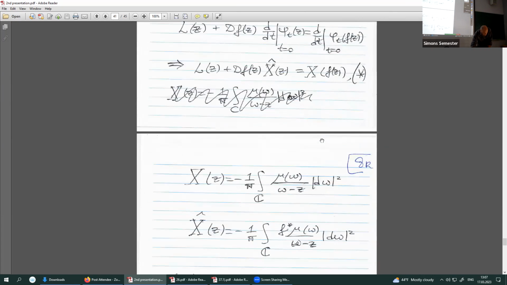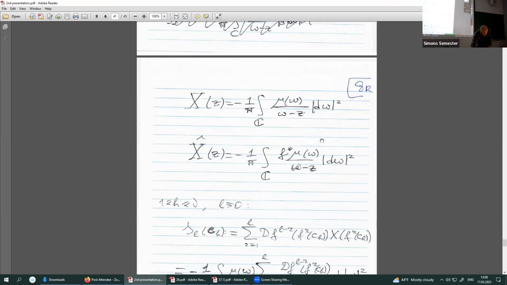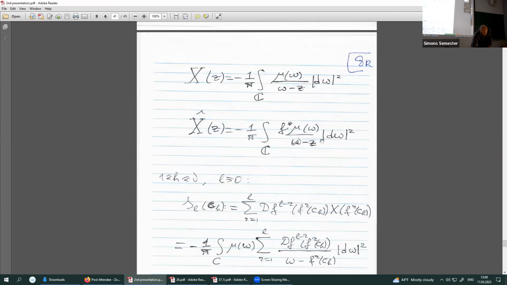Okay, and then there is some proof. And this is the formula for the derivative of a family of holomorphic maps with this normalization, with this dilatation at 0.